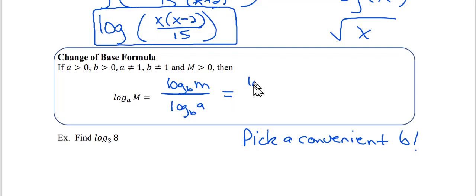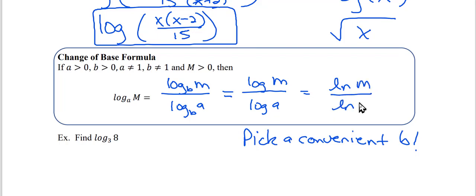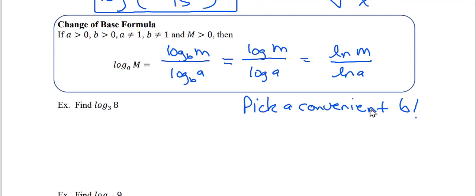So we could say log of m over log of a, where we're talking about the common log, base 10. We could say the natural log of m over the natural log of a. You can use either. I tend towards using the natural log just because I see it in more applications in further mathematics, but both are important and used.